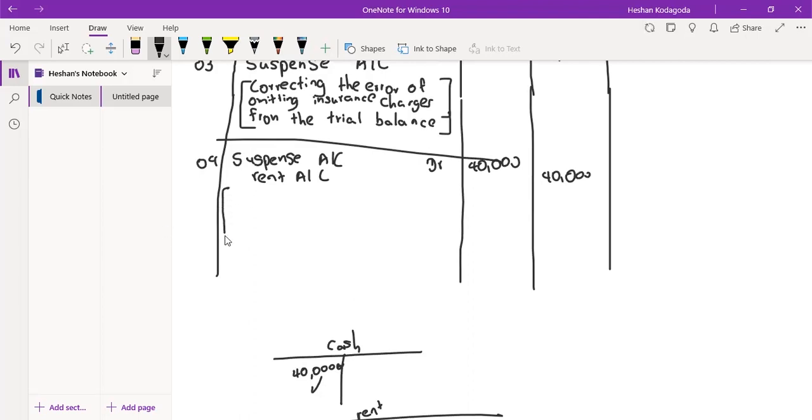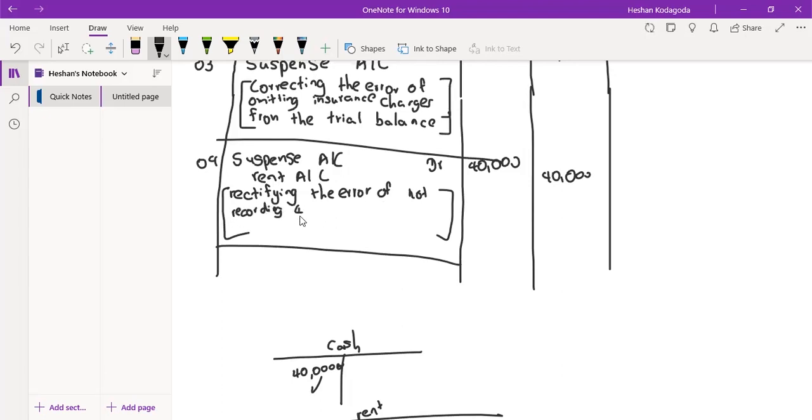You can write the narration like rectifying the error of not recording 40,000 in the rent income account.